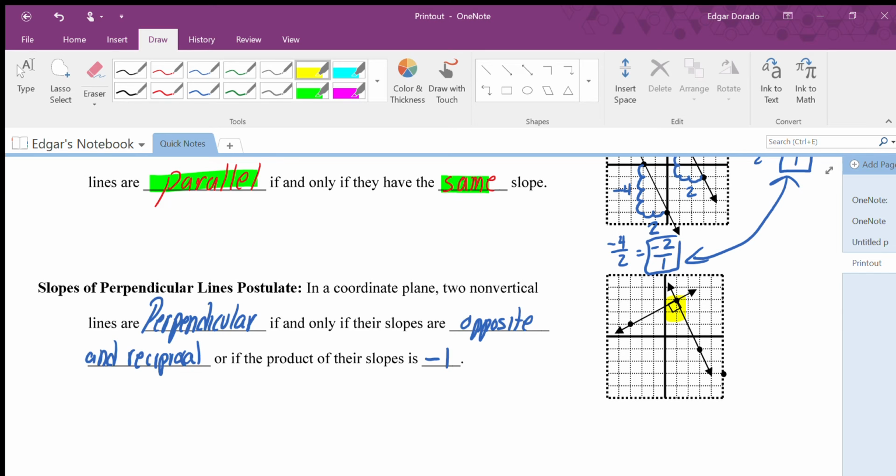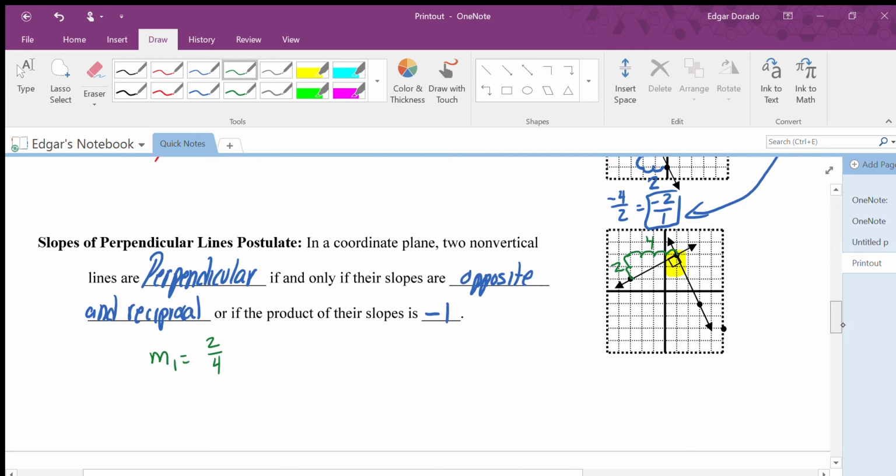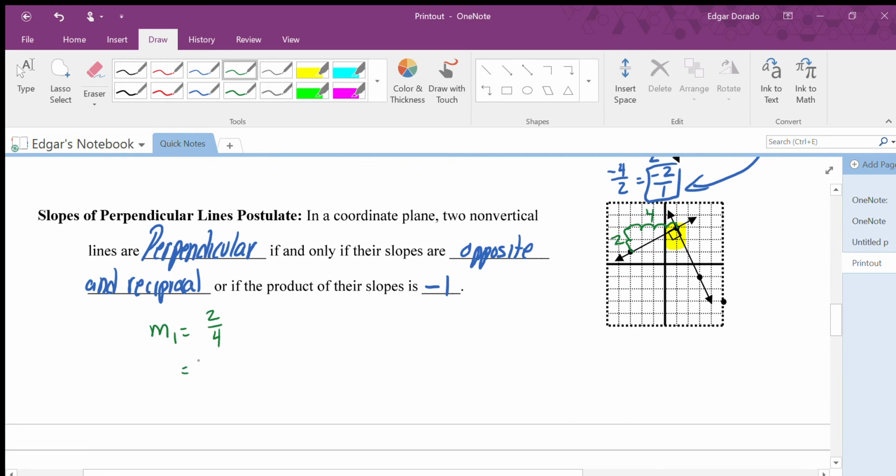So let's prove it. Well, on this first line, I go up 1, 2. Remember, rise over run, so go up or down first, then to the left or right. So I went up 2, 1, 2, 3, 4. So my first slope is up 2 over 4, which will reduce to 1/2.